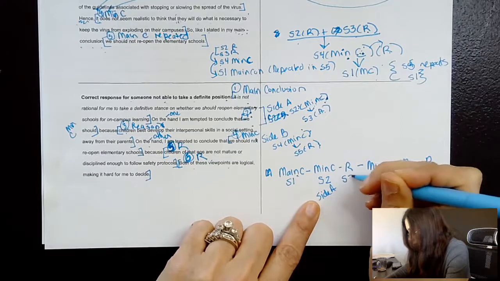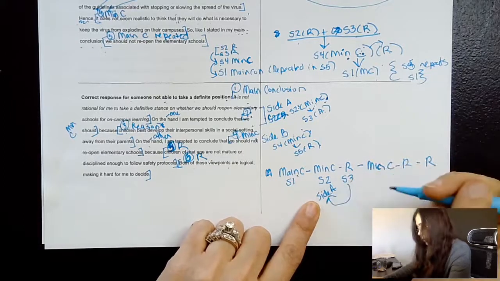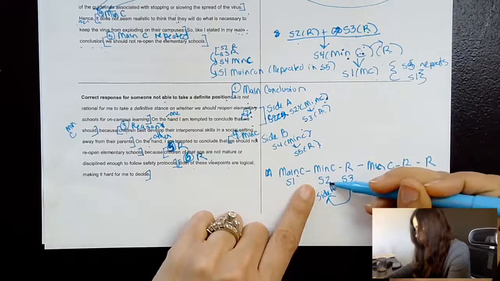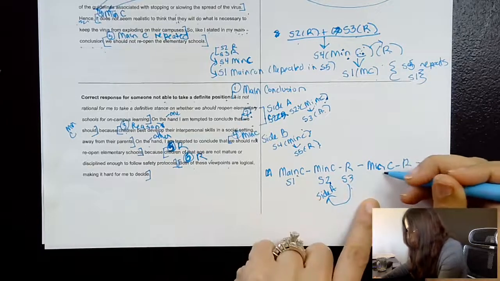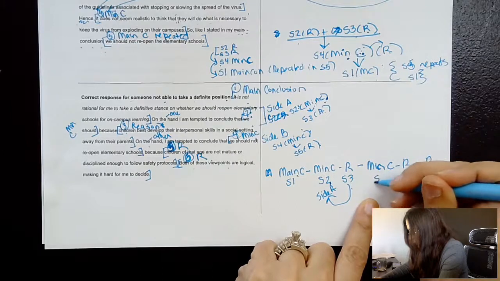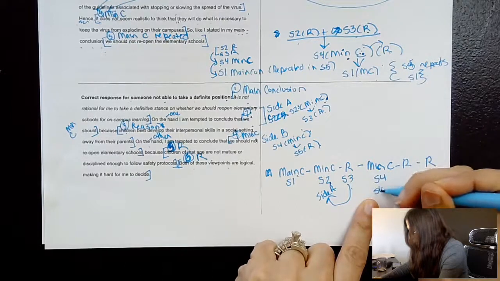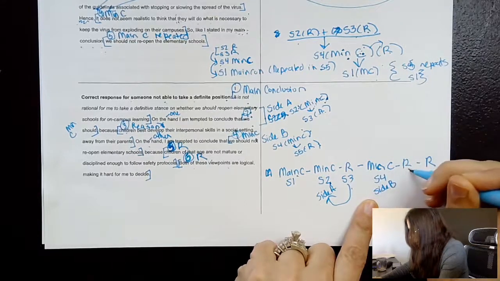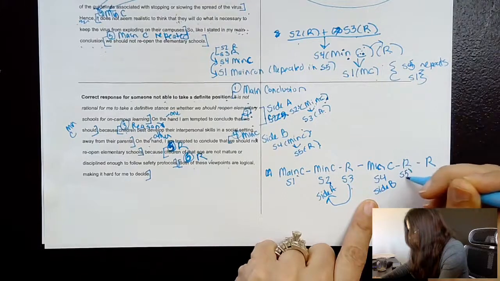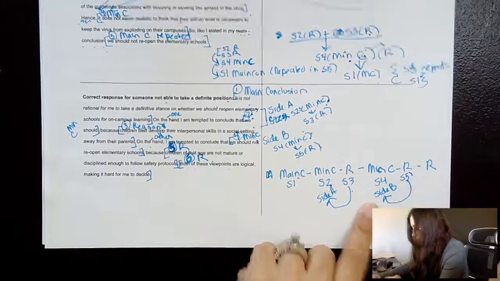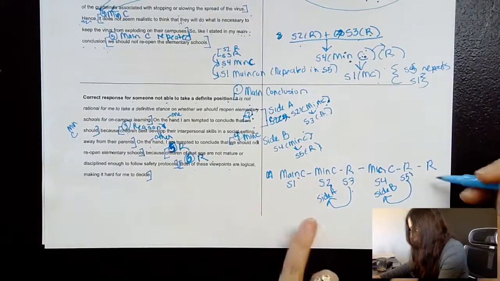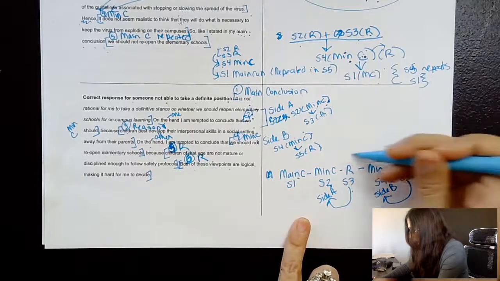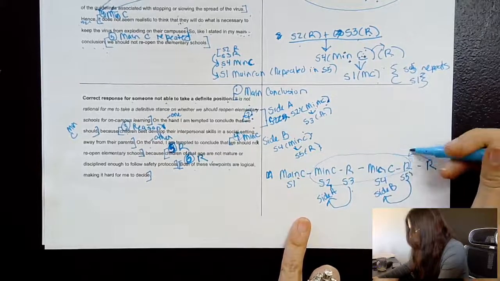And then you've got S3, which gives you a reason for believing the minor conclusion in S2 for side A. Then you get the other side. So this is S4. This is side B. And a reason via S5 is given in support of that minor conclusion. And then this reason, what it's doing is it's capturing what has happened in here.